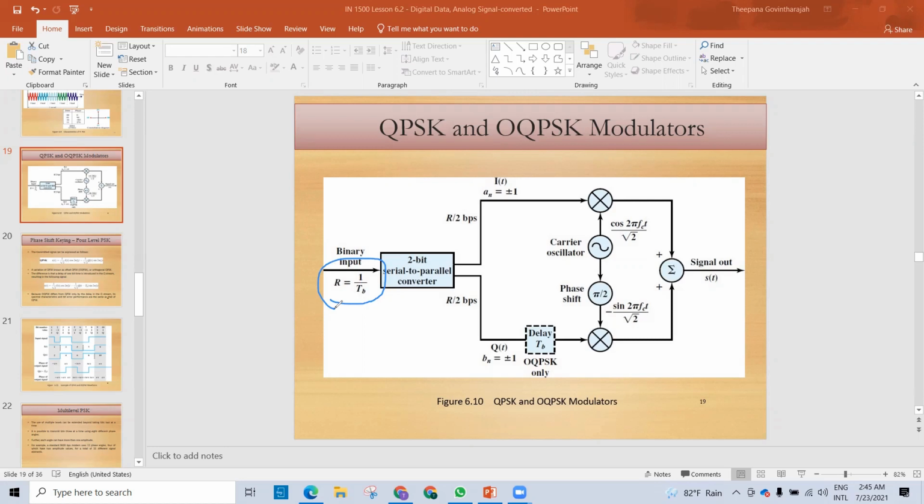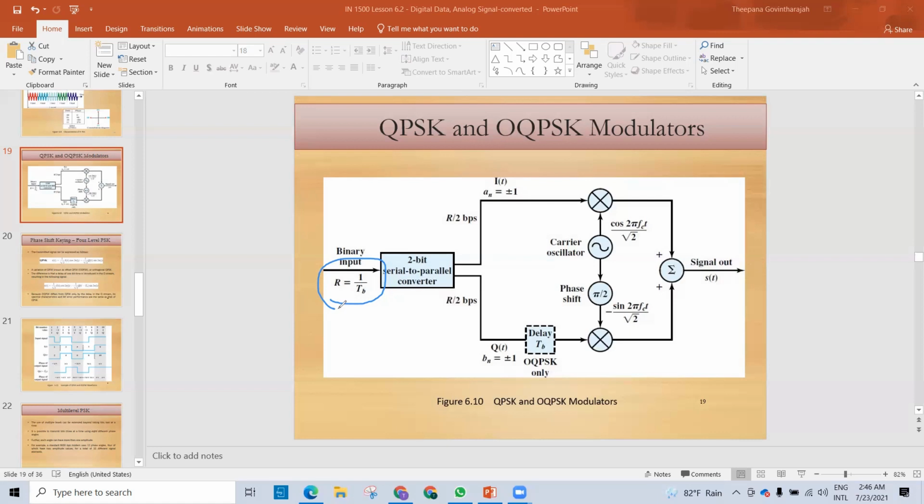When one signal arrives, there will be 2 bits, and those 2 bits will be serial, 0 0 or 1 0 1 1.